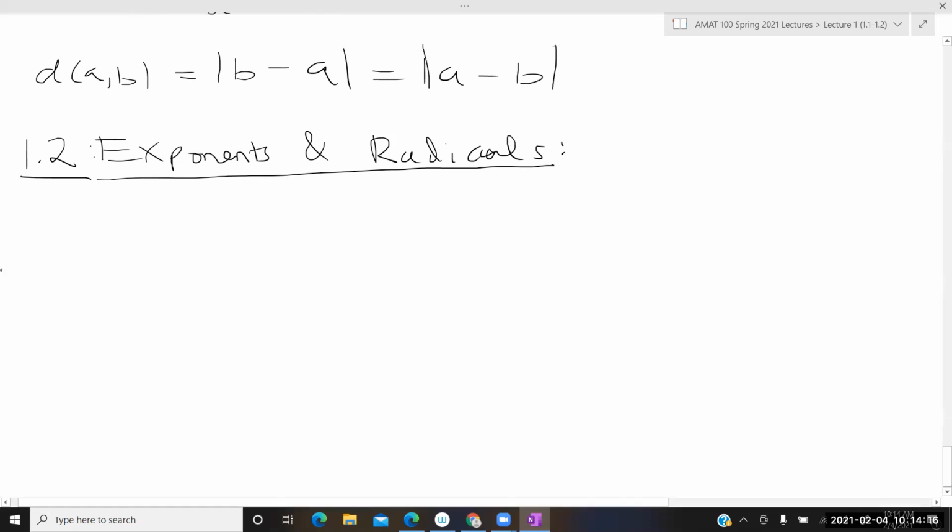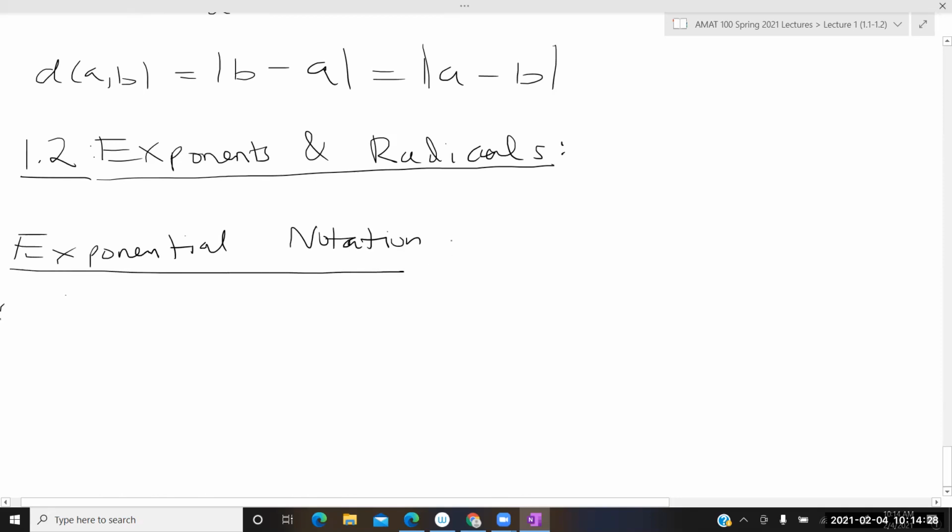So we have exponential notation. And as always in math, none of this crazy notation is meant to confuse. It's just to simplify things and put things in a more convenient form.